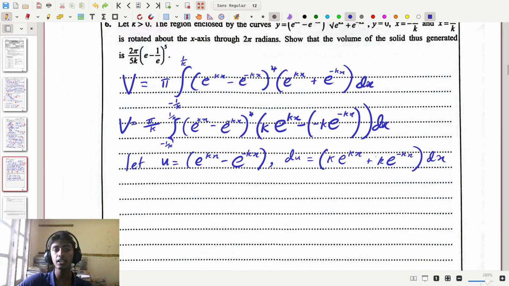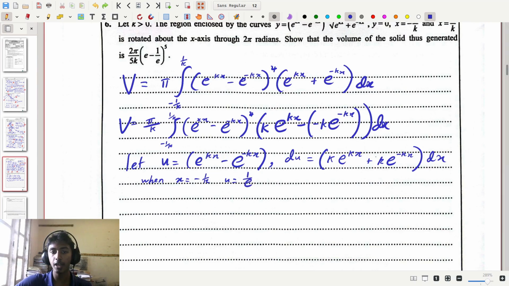So here we can see the lower limit is negative 1 divided by k and the upper limit is 1 divided by k. So we need to figure out what the values of u are going to be when x is equal to these two values. So in the next line we'll say, when x equals minus 1 over k, u is what? If you substitute minus 1 over k for x into this thing here, we get e to the power of k to the power of minus 1 divided by k, which is going to be e to the power of minus 1, or 1 divided by e.